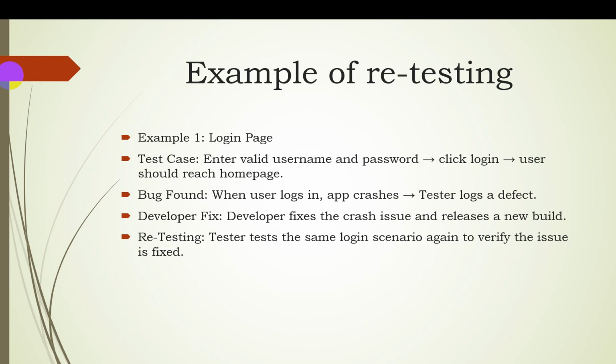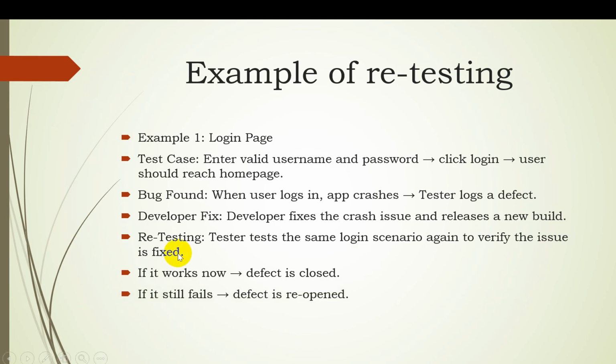But if that issue is not fixed, then we can reopen the raised issue. If it works, then we can change the status of the defect to closed. If it still fails, then we change the defect status to reopen.